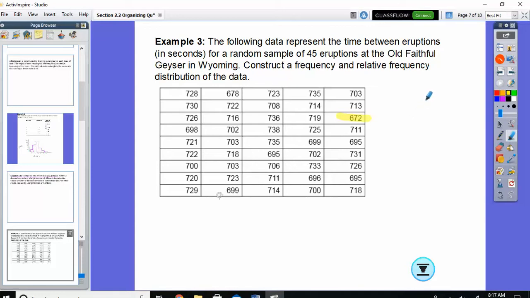Okay, what is the largest one we can find? 738, I think. Okay. So we'll talk about different ways to make our classes, you know, how big we might want them to be and that kind of thing.